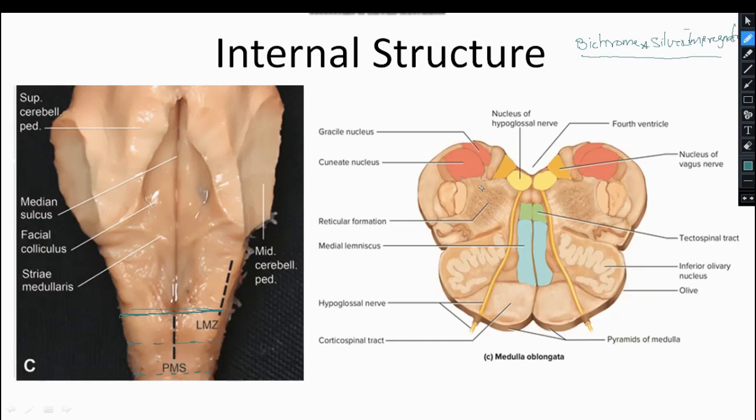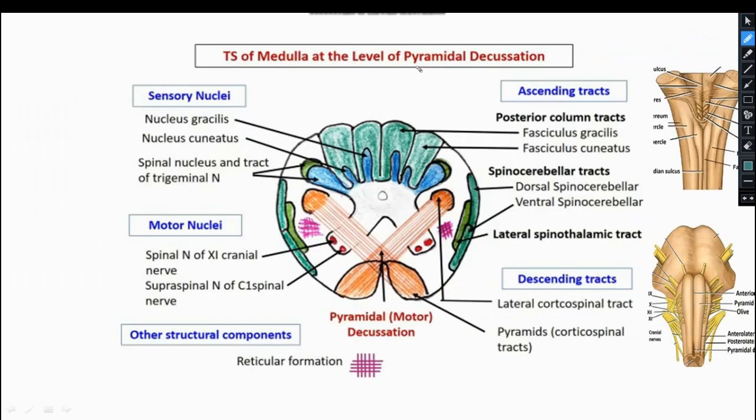After staining the transverse sections at different levels, they are correlated according to the stains. This is a transverse section of medulla at the level of pyramidal decussation.